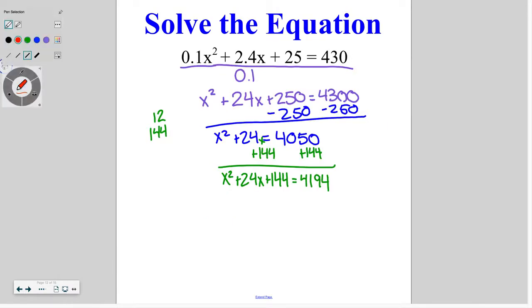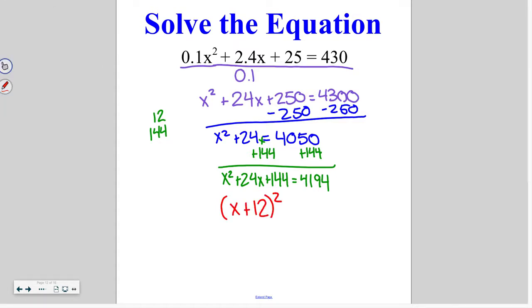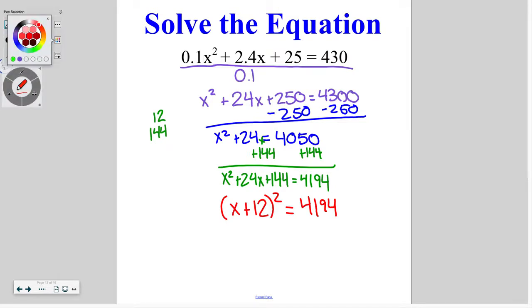So breaking it down to that parentheses piece, I'm going to have x plus 12 squared is equal to 4,194. We're going to square root both sides and get x plus 12 is equal to 64.76. And x plus 12 is equal to negative 64.76.